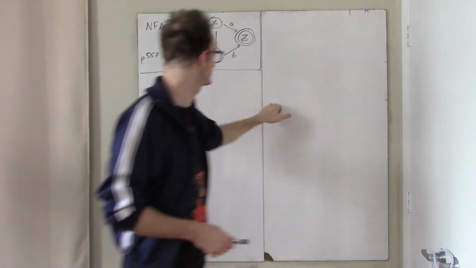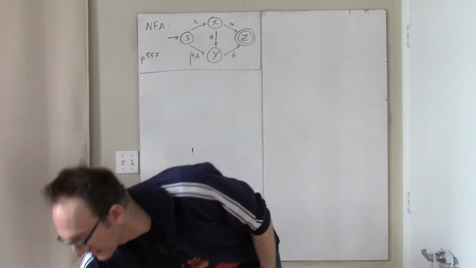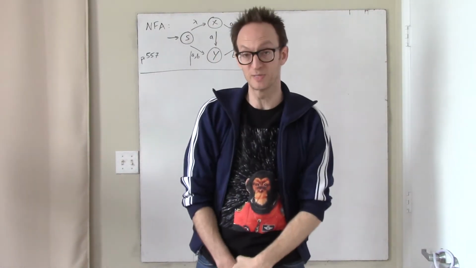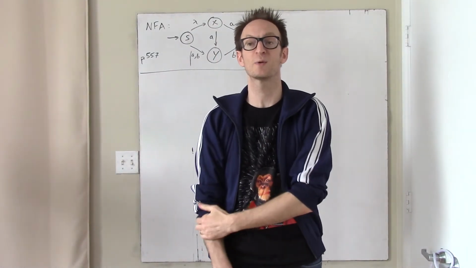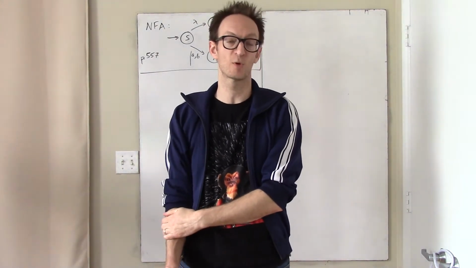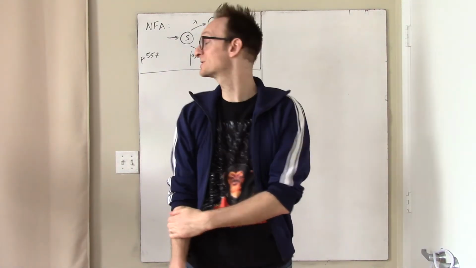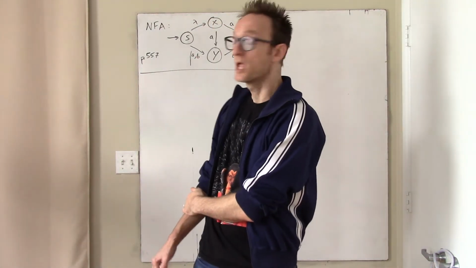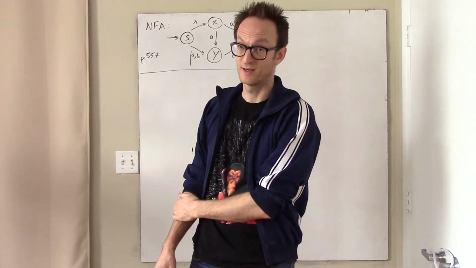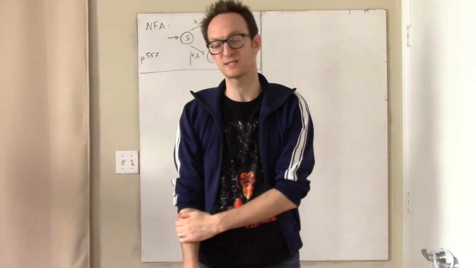Okay, so I think this one's going to be kind of easy. And here we're also going to see a huge difference between following the strict powerset algorithm and the more relaxed powerset algorithm. The strict powerset algorithm would now say to construct a new state for every subset of states in your NFA.